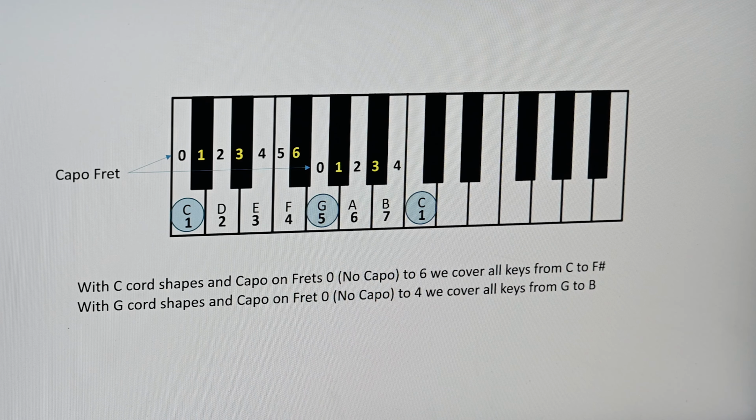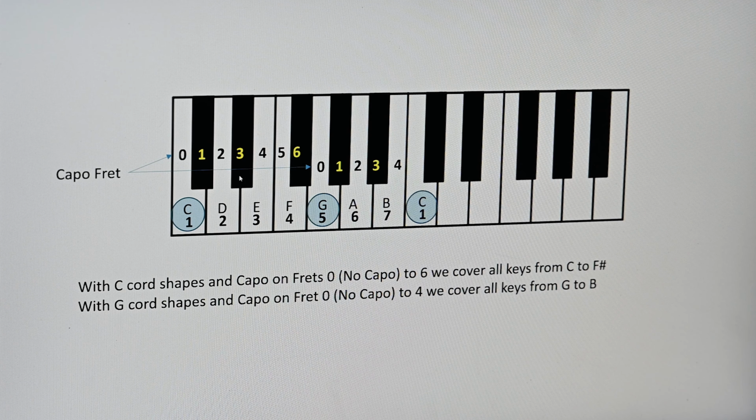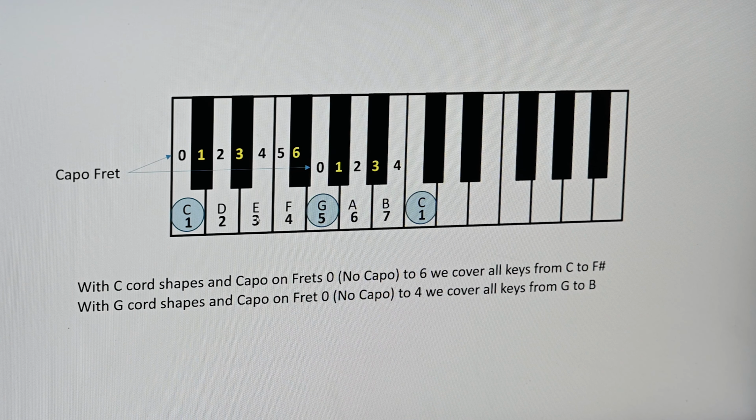So I can use the capo on fret 1 to go to C sharp, 2 for D, 3 D sharp, 4 E, 5 F, 6 F sharp, and finally I would get to G. So really, that means that if I'm playing in C, I can cover all the way from C to F sharp. If I'm playing in G, I can cover all the keys from G to B using a capo.